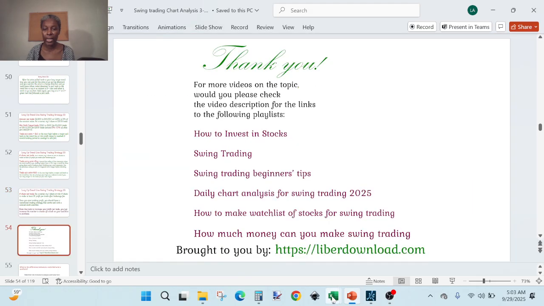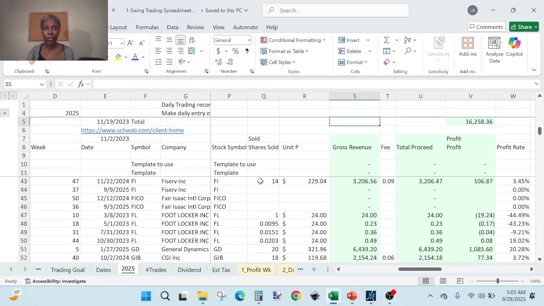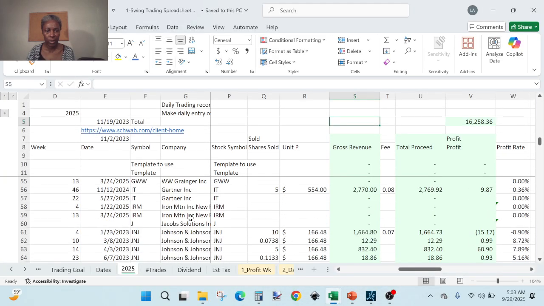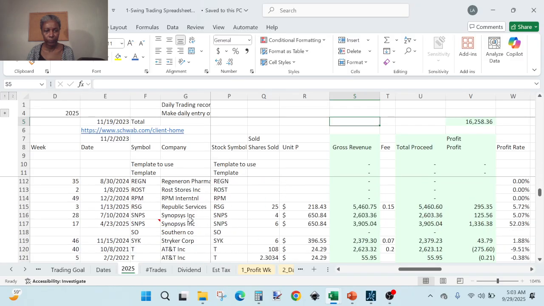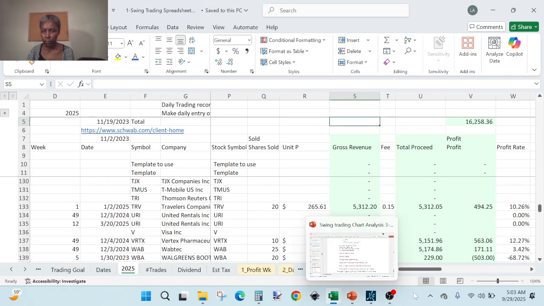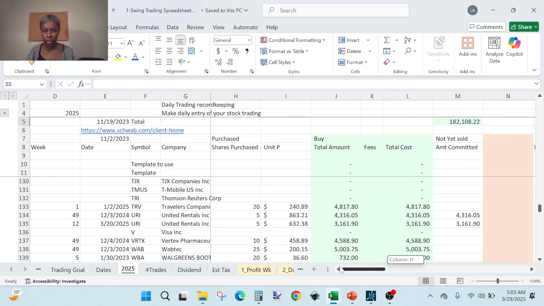So when we are looking at URY, since we already have it, we can take a look at it in our record spreadsheet here. The first time we bought it was in 2024, and the second time was some months later in 2025.